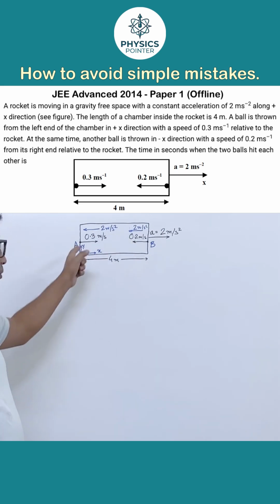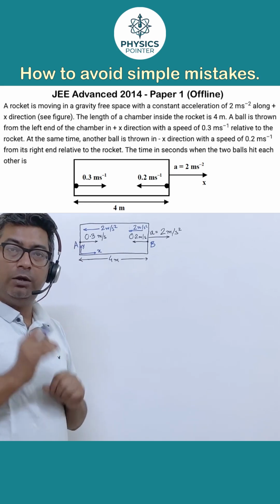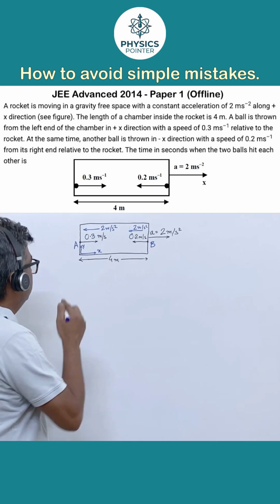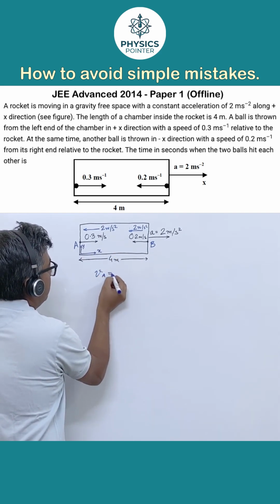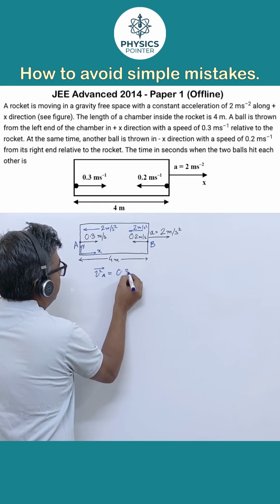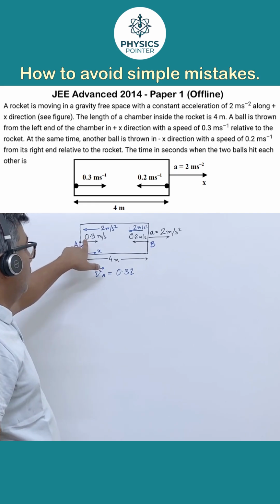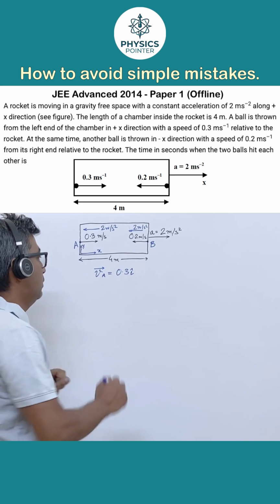Now let's put everything in vector form so that we do not make any mistakes. Let's take the velocity VA equal to 0.3 i. I'm not putting in the units. Because it's going towards the positive x-axis, it's i.